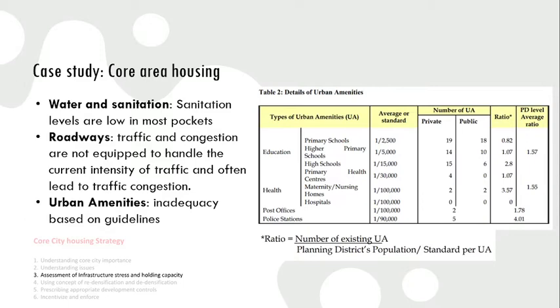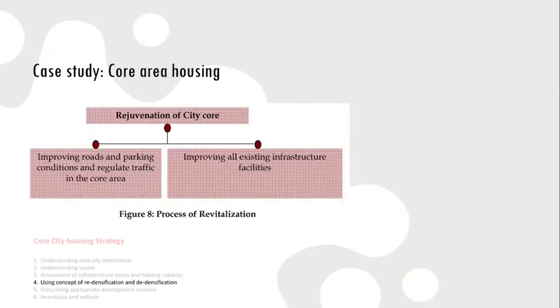They have tabulated the different types of urban amenities, using the ratio of the number of existing urban amenities to the total planning district population in the standard. Based on that, they have calculated the holding capacity and infrastructure stress in the neighborhood. The fourth is the concept of redensification and dedensification. For this, they wanted to achieve it in two steps: revitalization by improving the roads first, then the parking conditions and regular traffic.